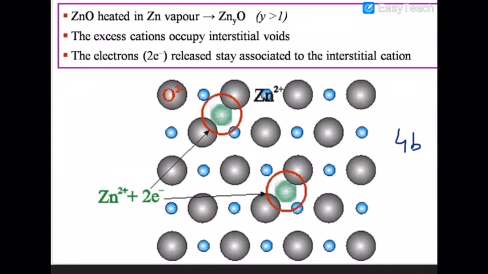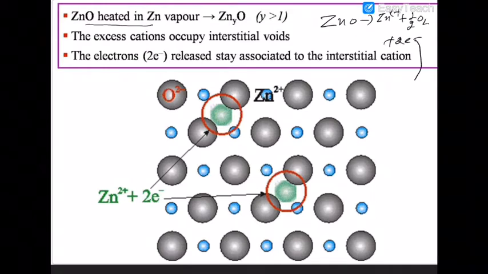Here you can see that when zinc oxide is heated, oxygen gas will be evolved. On heating, oxygen gas is released.